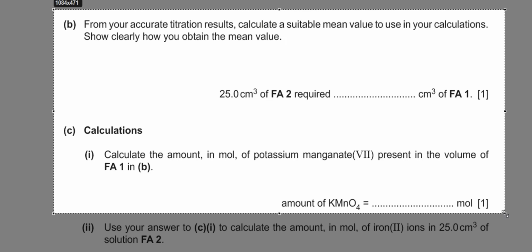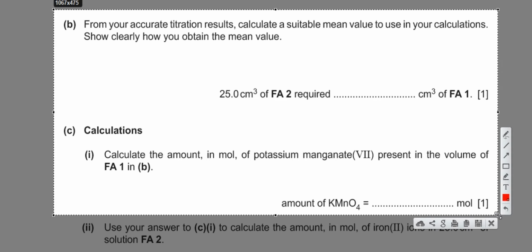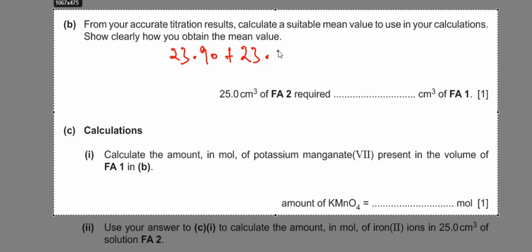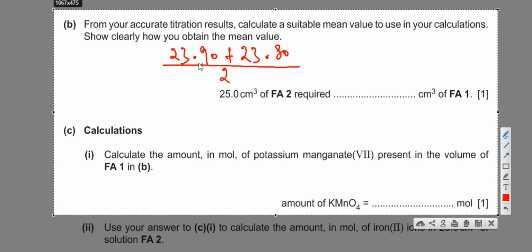Remember, values which have a difference of 0.1 are considered consistent results. Only use those: 23.90 plus 23.80 divided by 2. How many readings do we have?